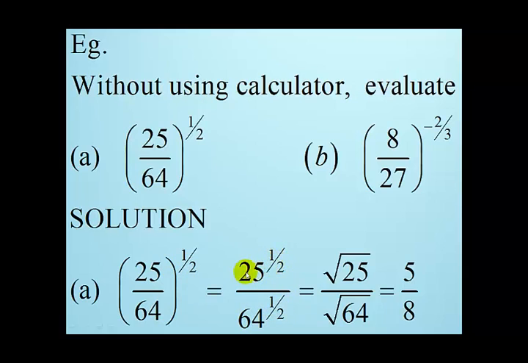And so 25 raised to the power half is the same as the square root of 25. And 64 raised to the power half is the same as the square root of 64. The square root of 25 equals 5. Square root of 64 equals 8. And so this is equal to 5 divided by 8. So 25 divided by 64 exponent half is equal to 5 divided by 8.